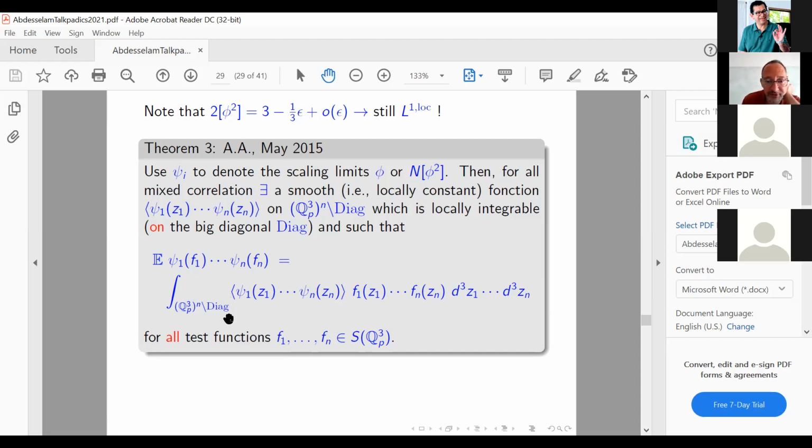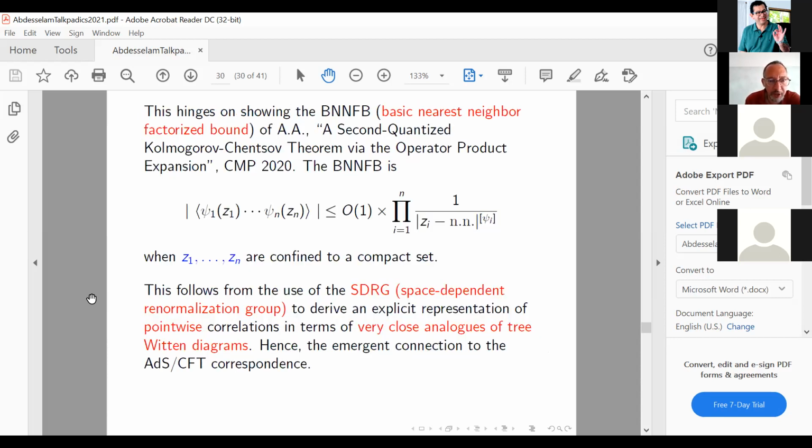And this integral is well defined, because even though this blows up when points become close to each other, the blow up is not too severe because of this condition here. So you're still locally integrable. It's a lucky situation.